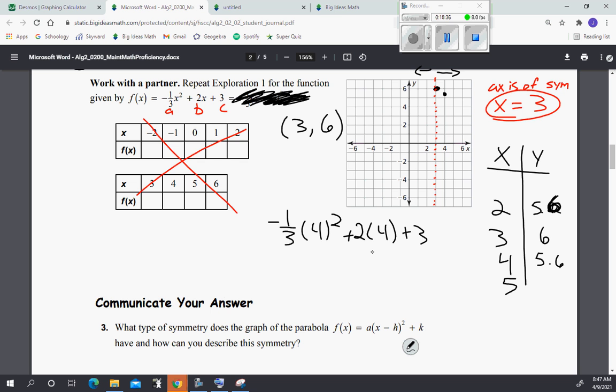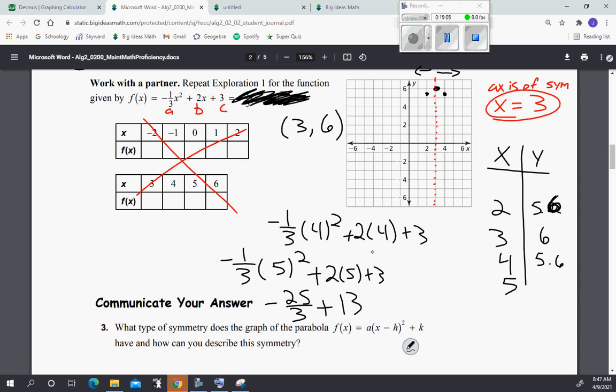I'll even plot that point. And now it's kind of a pain to get these, right? Negative 1/3 times 5 squared plus 2 times 5 plus 3. We get 25, so negative 25 over 3 plus 10 plus 3 is 13.